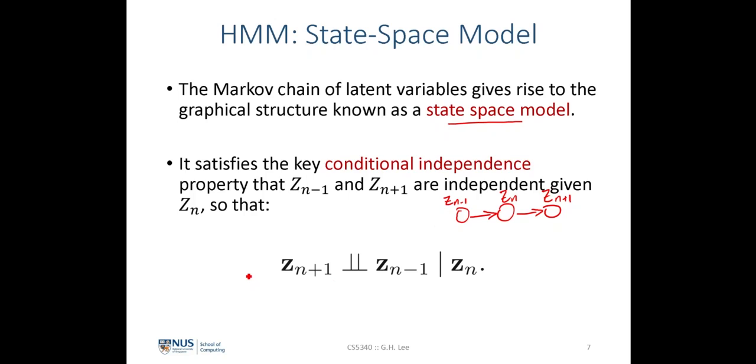We say that Zn plus 1 is conditionally independent of Zn minus 1, given that we have observed Zn. We can easily see this from the d-separation principle of the head-to-tail structure in this linear chain, where Zn minus 1 is decoupled from Zn plus 1, given that we have observed Zn.